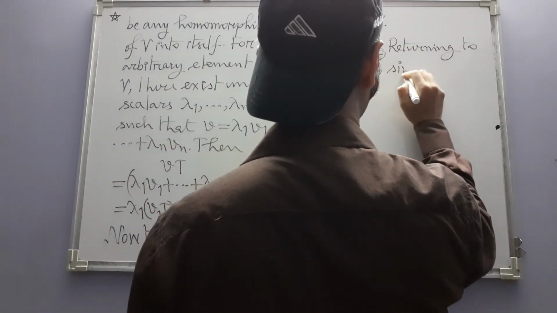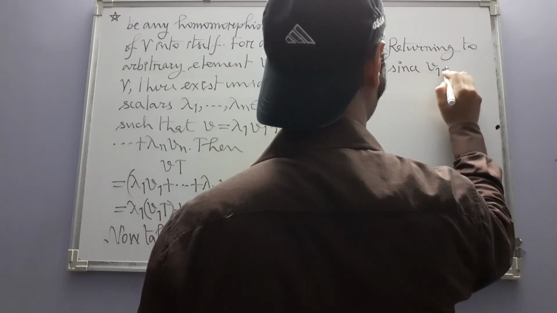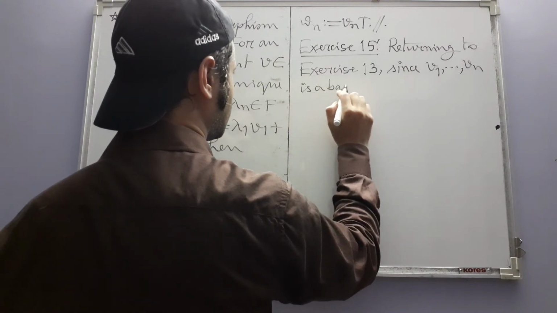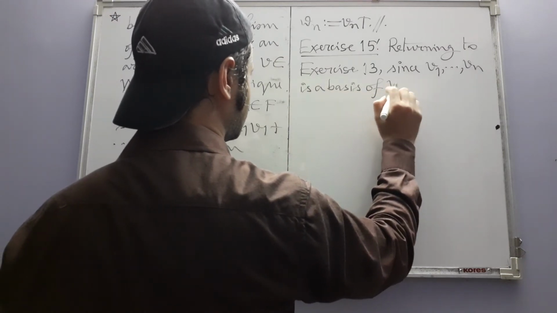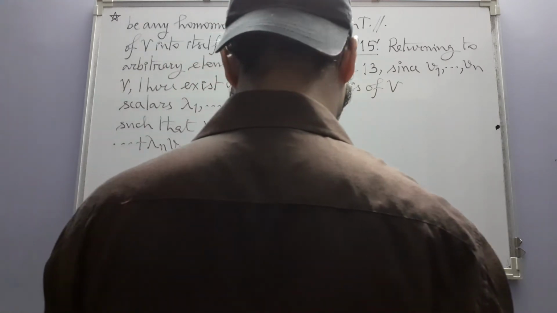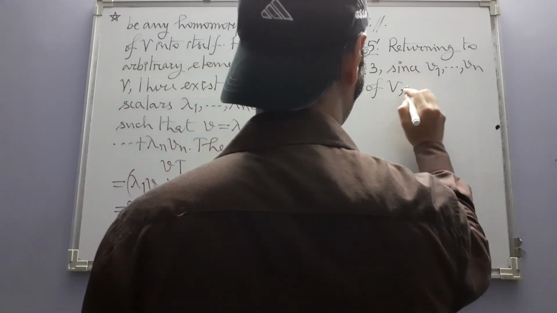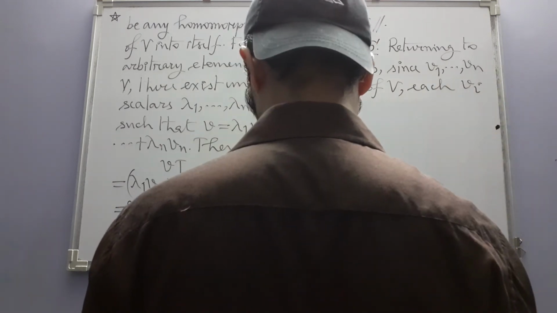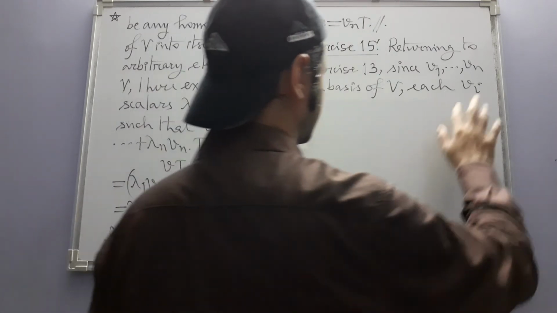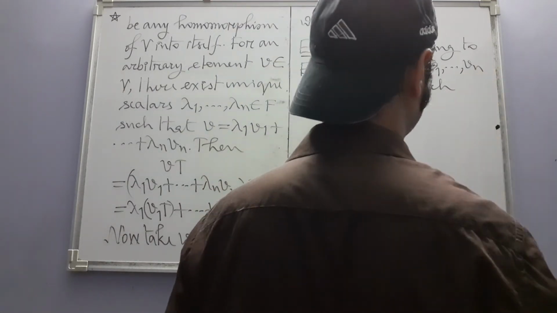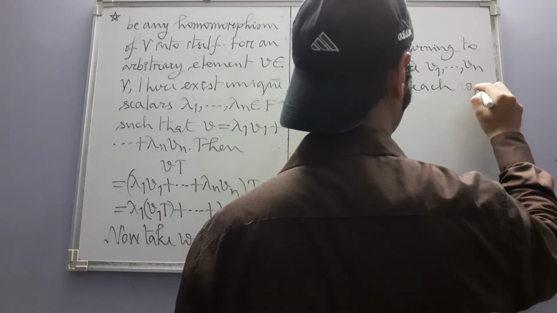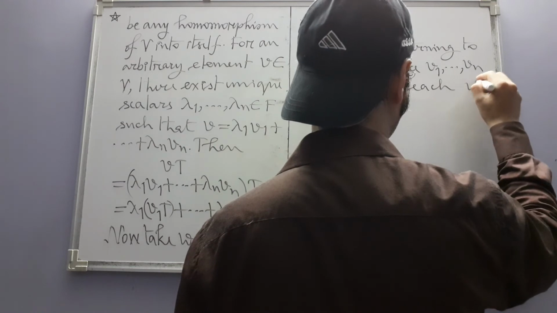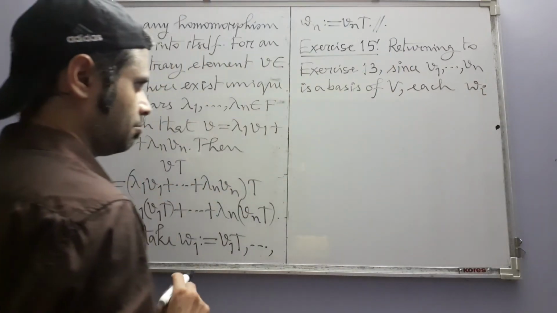Since this is a basis of V, it was already given, each wi, those wi's themselves, each one of them is expressible as a linear combination of basis elements.